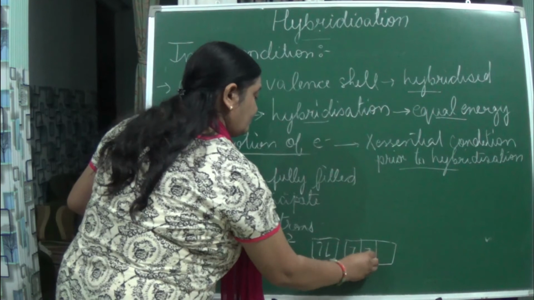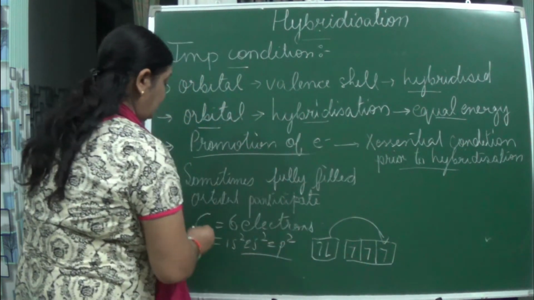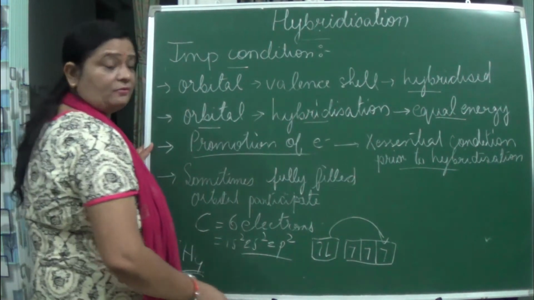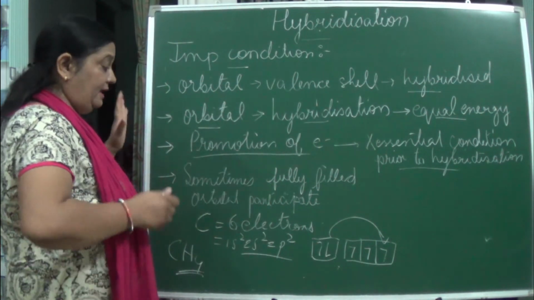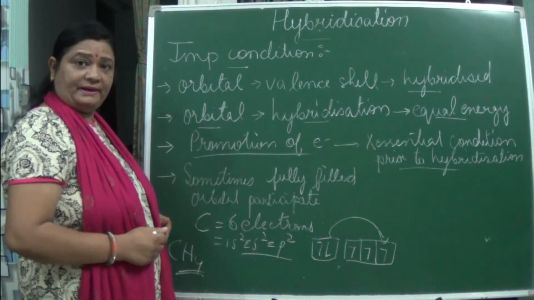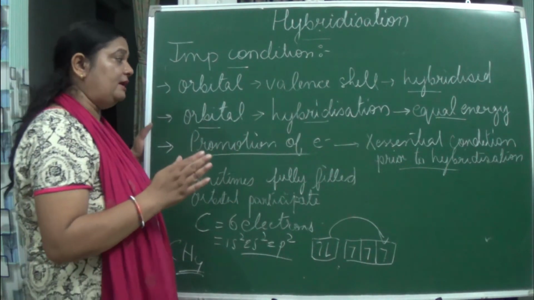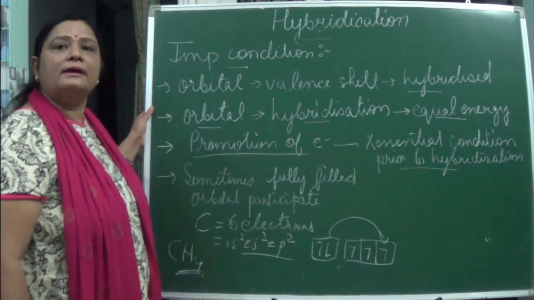This carbon gets excited, and it has nothing to do with the hydrogen. First this excited state comes, and then the electrons participate in bonding. So here promotion of electrons prior to hybridization is not an essential condition.